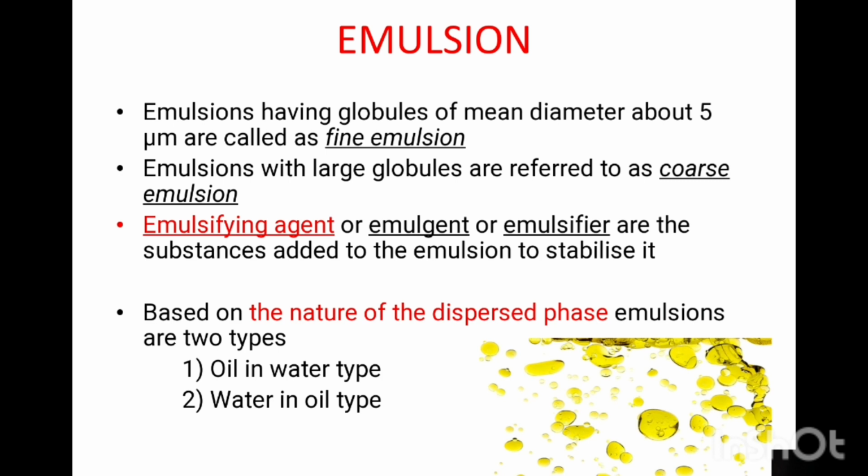Based on the globule diameter, emulsions are of two types: fine emulsion and coarse emulsion. Fine emulsion has a globule diameter of about 5 micrometer, and if our emulsion contains larger globules, then it is called coarse emulsion.